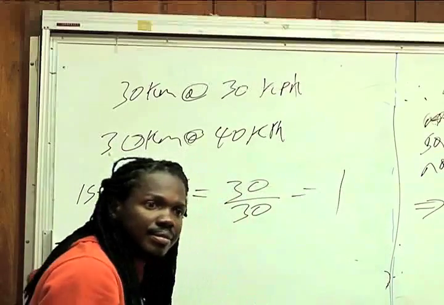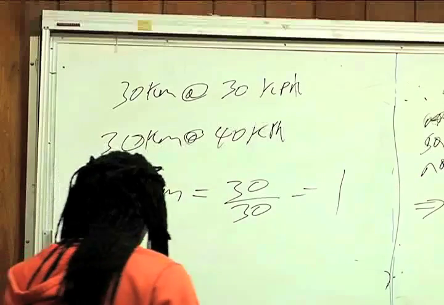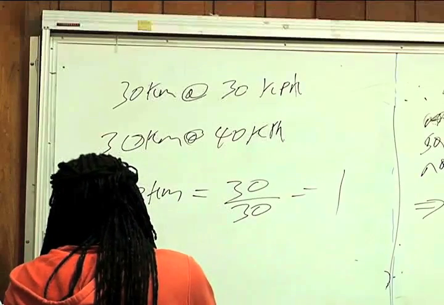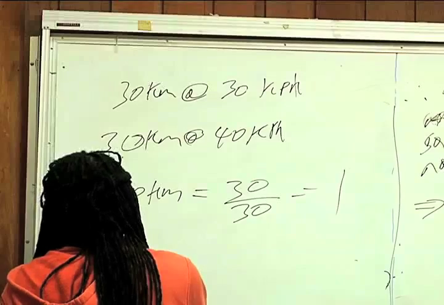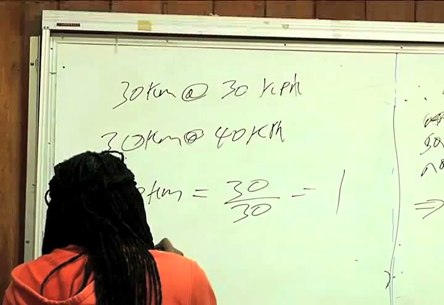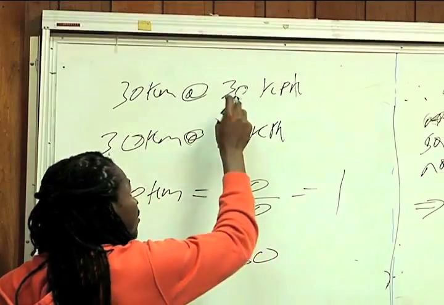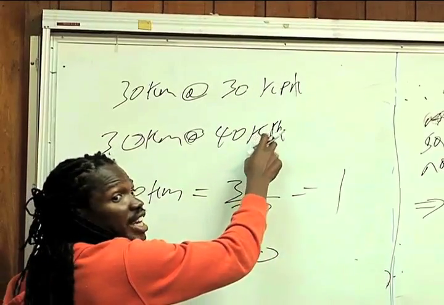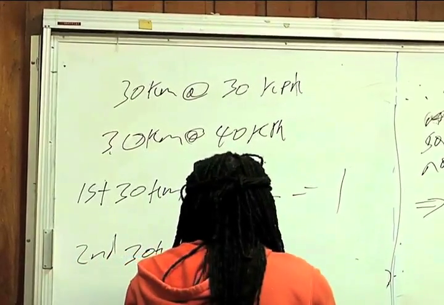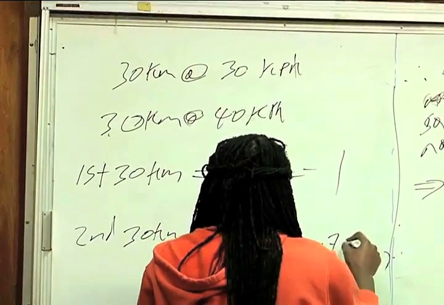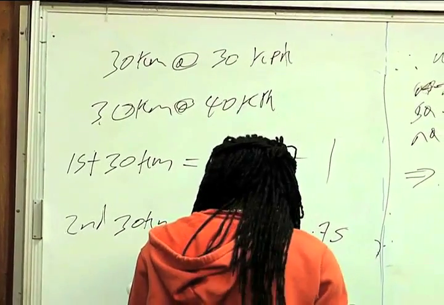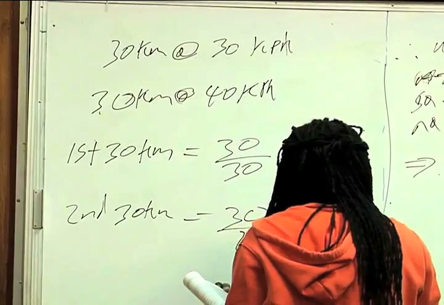And the second 30 kilometers: 30 over 40 kph equals 0.75 hours.